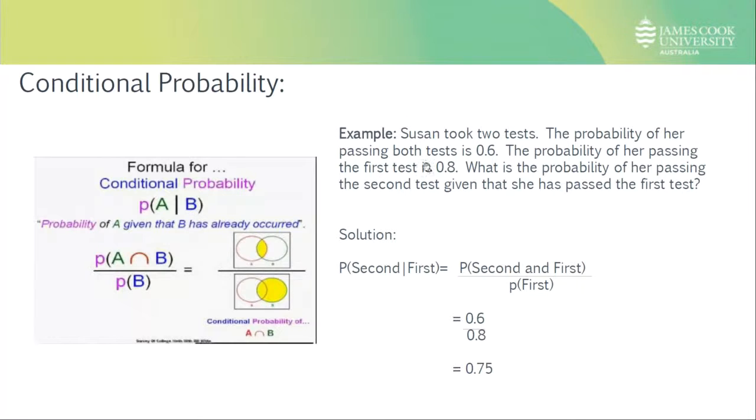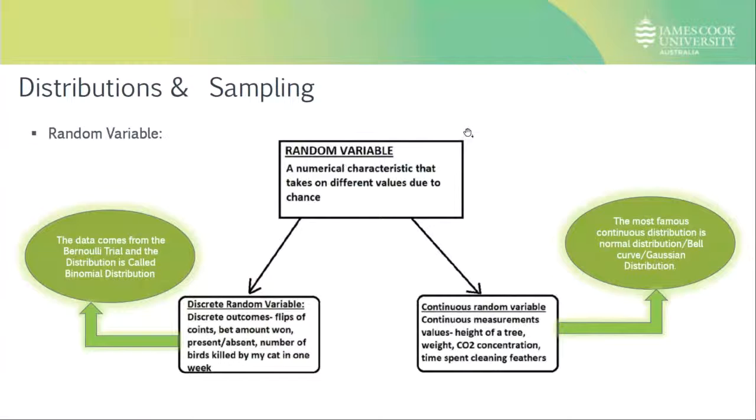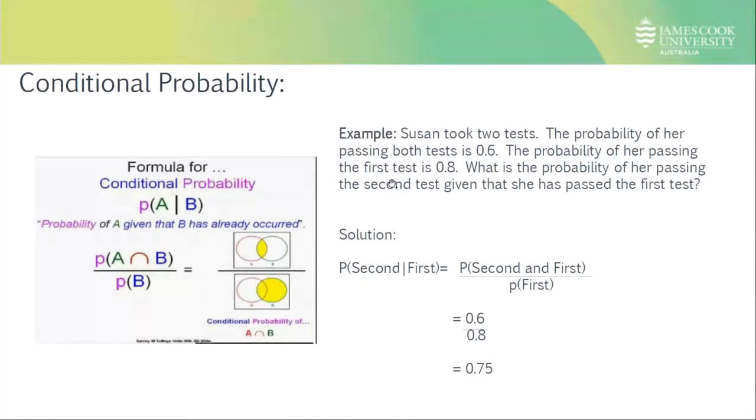Suppose as an example, somebody takes two tests, and the probability of her passing both tests is 0.6, and the probability of her passing the first test is 0.8. What is the probability of her passing the second test given that she passed the first test? For this realistic problem, we have to look at the problem first.